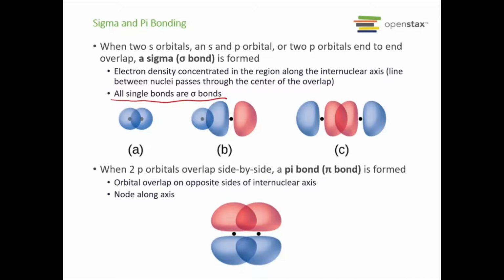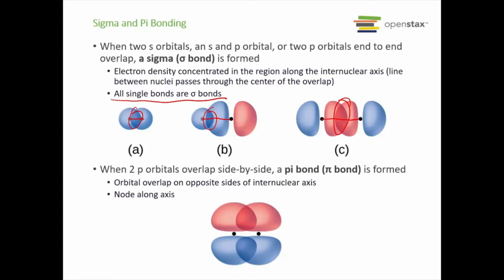What's happening is the electron density is concentrated in the region along the internuclear axis. The internuclear axis is the line between the two nuclei that goes through the center of the overlap. So along that axis is where the overlap is occurring, and where that electron density is.